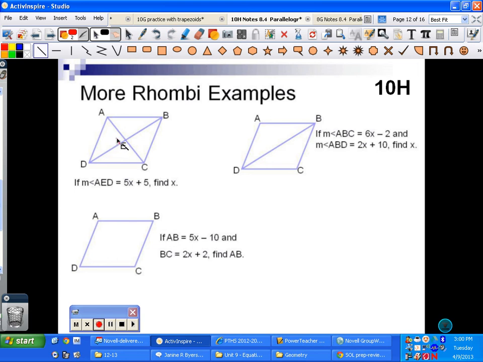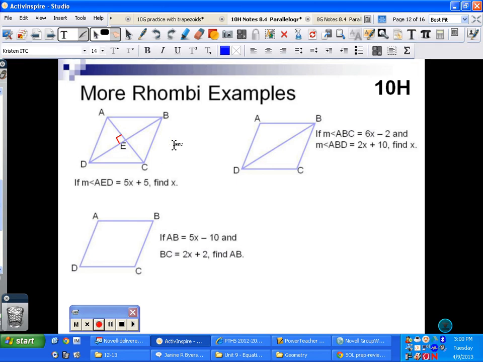So once we label that as being perpendicular, we can very simply say that 5x plus 5 equals 90. From there, you're going to subtract 5 from both sides and get 5x equals 85, and divide both sides by 5 and get x equals 17. So not too hard of a problem as long as you know your rhombus properties.